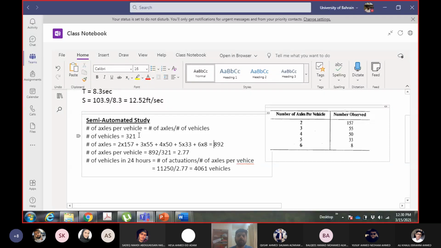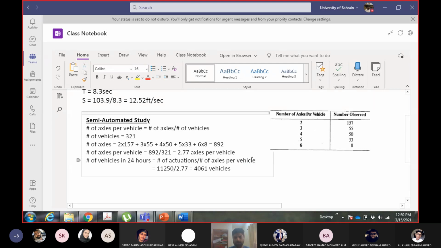Okay, so calculating the number of axes per vehicle, 892 upon 321, so 2.77 axes per vehicle. Now if you want to find the number of vehicles in the 24-hour count, then it is the number of actuations in 24 hours divided by the number of axes per vehicle.